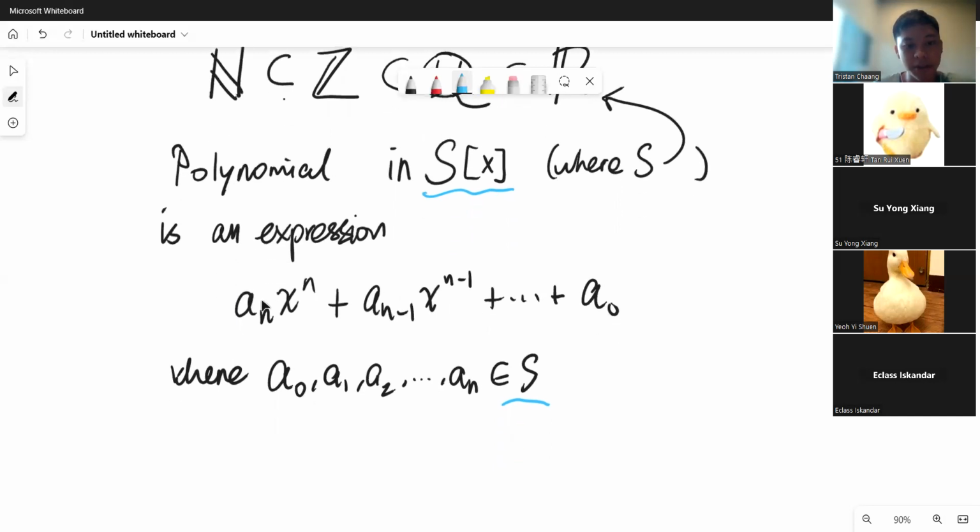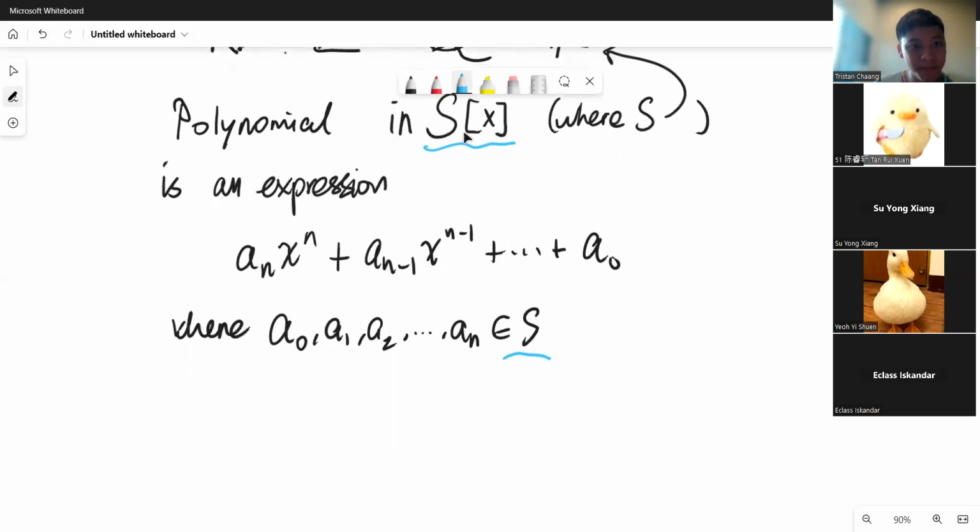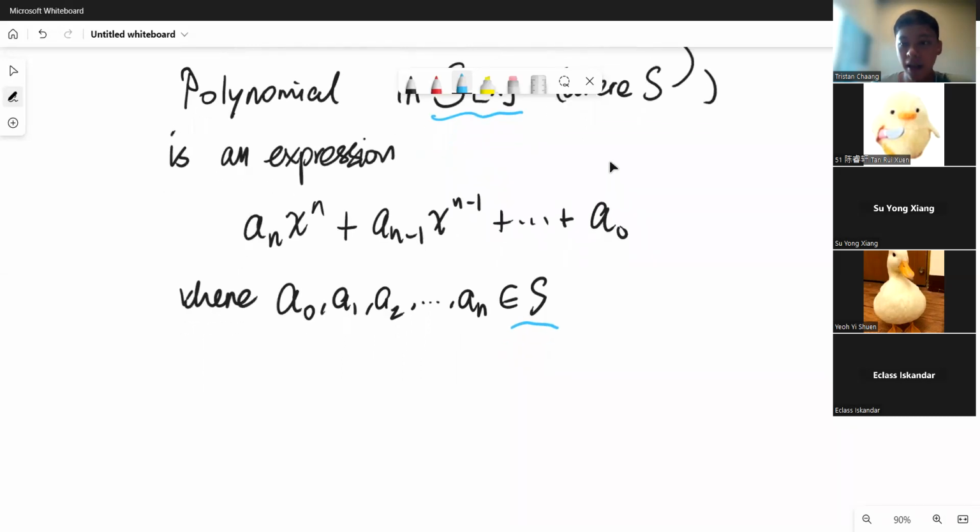So a polynomial is basically a function in that sense. It's a little bit more subtle than that. Normally we say a polynomial is this expression with an x in it, and then it can be turned into a function by looking at x as an input. Okay, so these are the basic definitions.